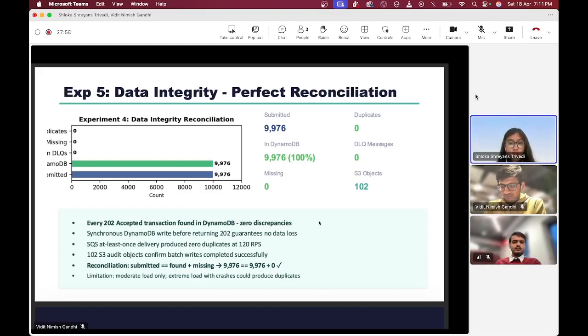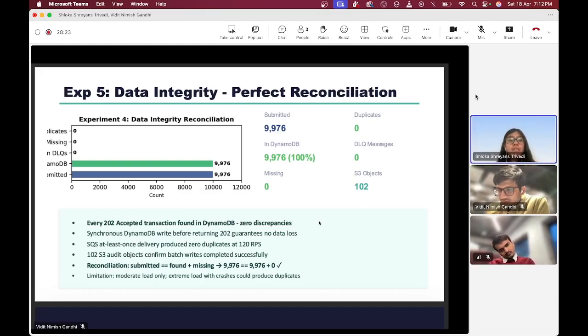102 S3 audit log objects confirmed that the audit logging batches flushed successfully. The reason for this perfect result is that the transaction service writes to DynamoDB synchronously before returning a 202 accepted. A transaction is never acknowledged to the trader without being persisted first.